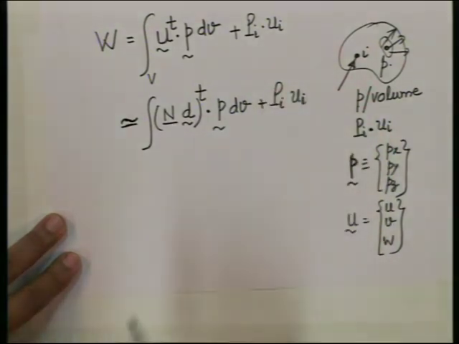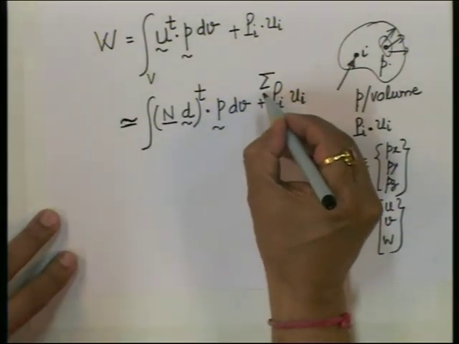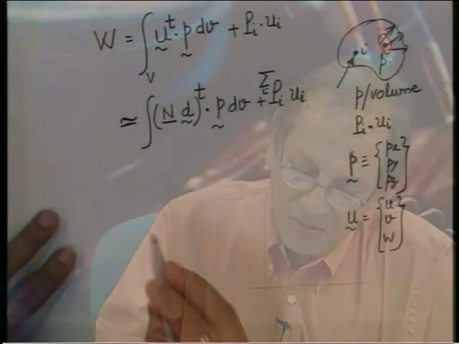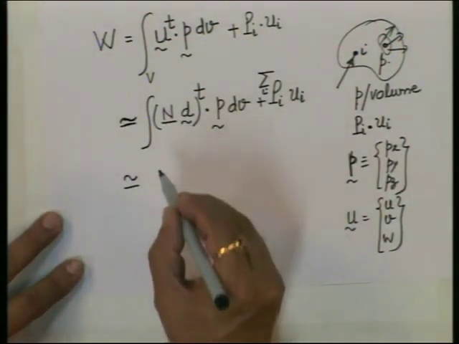I can put a sigma also, because there can be a summation over i. Is it clear? If there are a number of concentrated loads, it can be summed. So, this will again be d transpose N transpose.